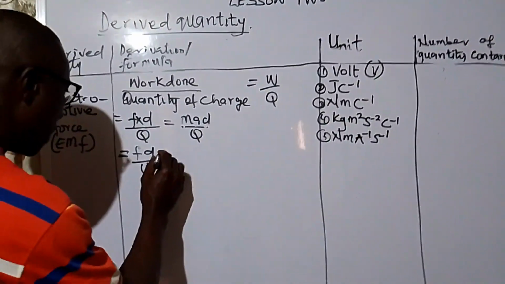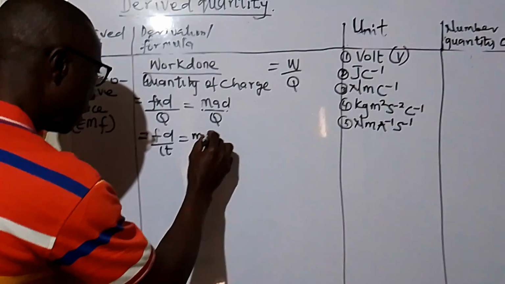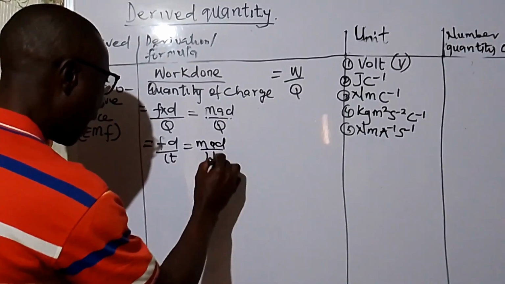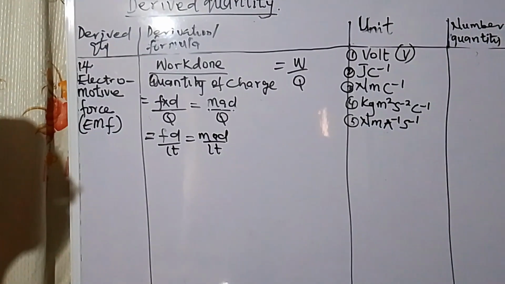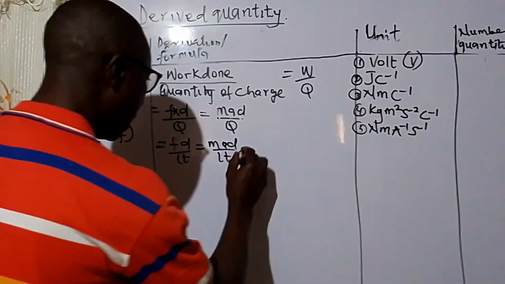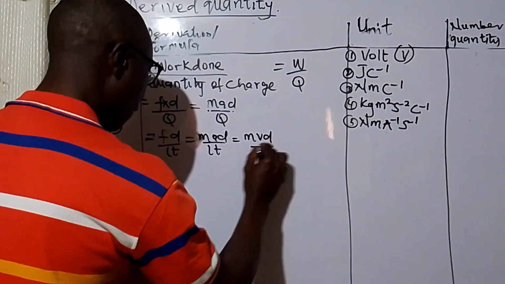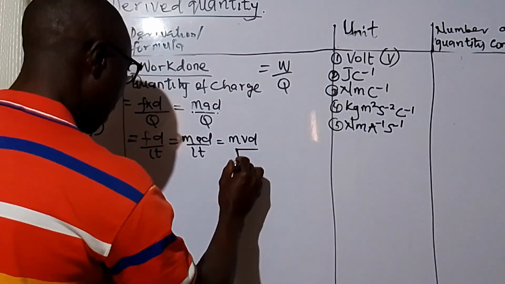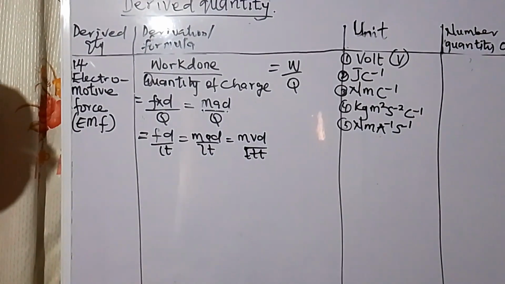As I said, from here now, this one will now be MAD over IT. We've written the unit for that one. Let's express further. Then it now gives us MVD over IT.